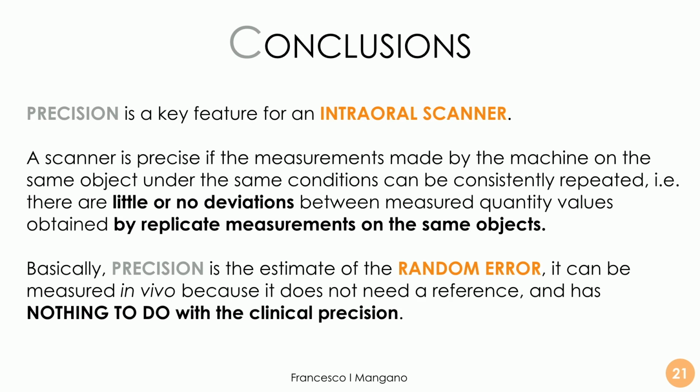Here we are talking about the random error of the scanner, so we need to refer to the mathematical error, to the standard deviation of the scanner itself, and most of all, the model, the mesh generated by the scanner. So this mathematical term has nothing to do with the clinical precision.